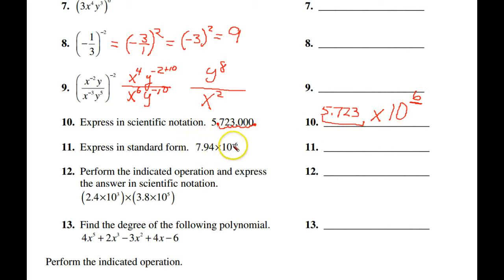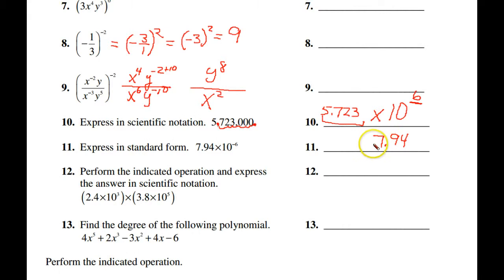Now, since this has a negative exponent, I'm going to write this number here, 7.94. But I have to move this decimal now. How many places? 6.